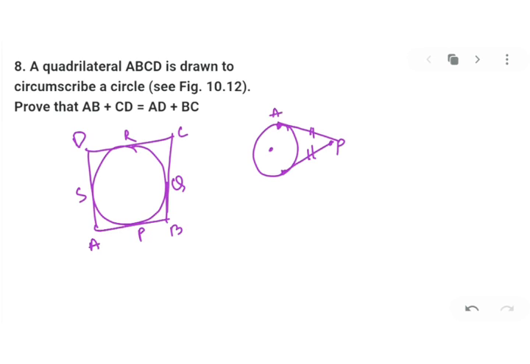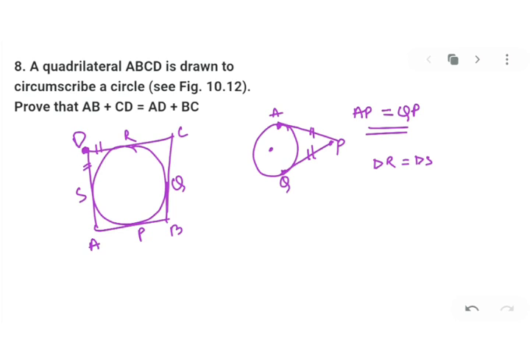So if I name this as A and this as Q, you can say that AP is equal to QP. Clear? In the same way, you will notice here that from D point there are two tangents, DS and DR. So can I write DR is equal to DS?